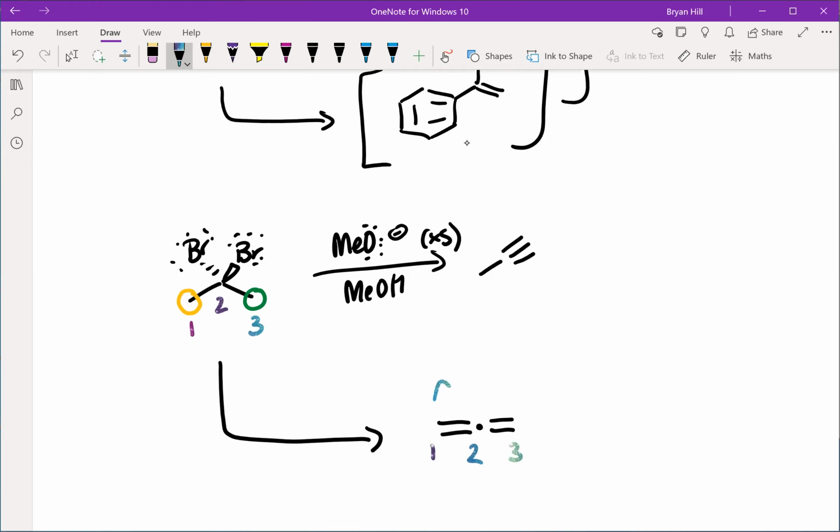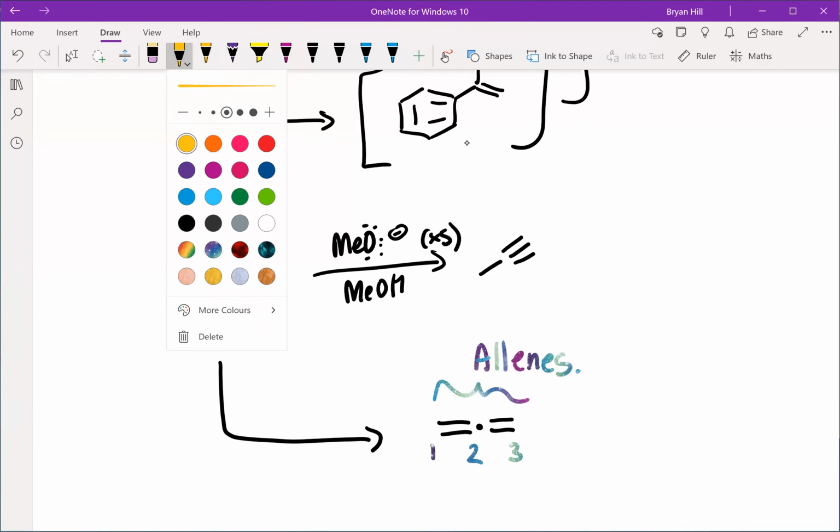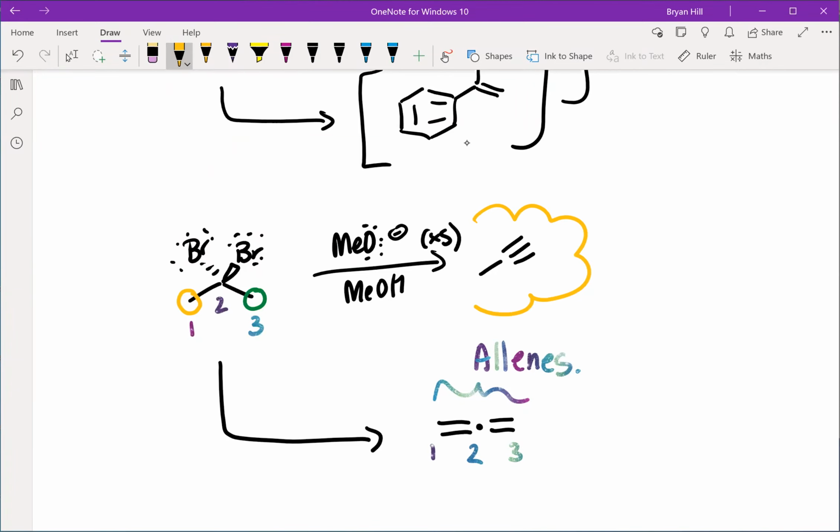These compounds here are called alkenes, and typically they're not formed from these types of reactions. You typically get the alkyne.